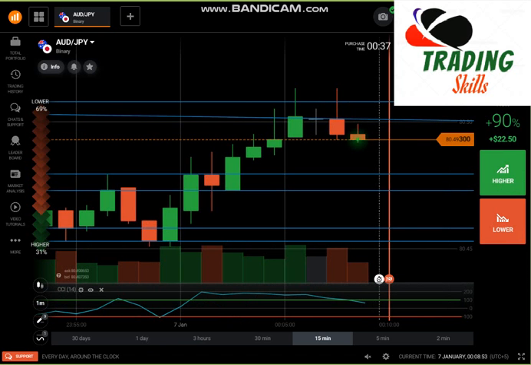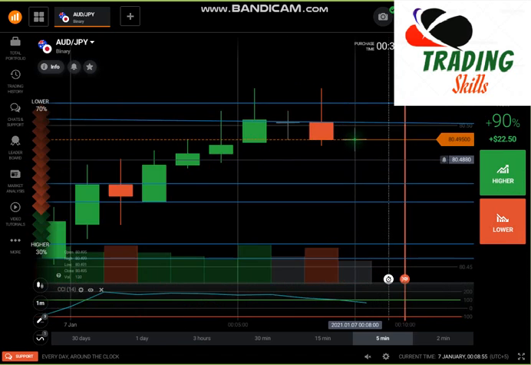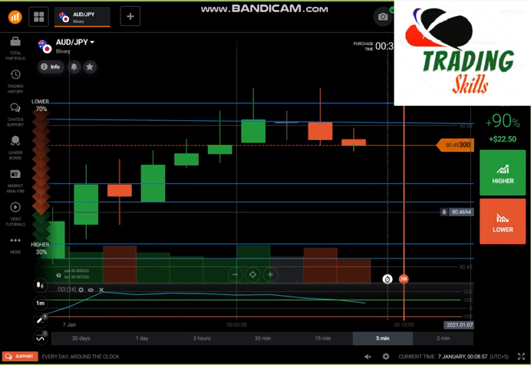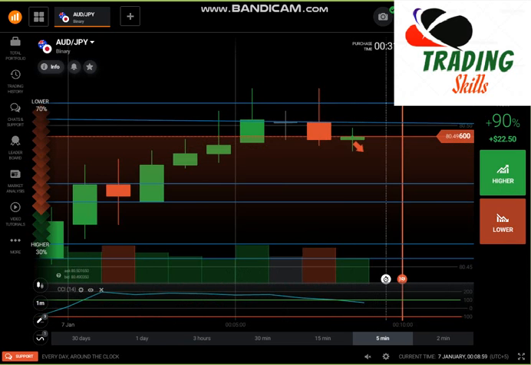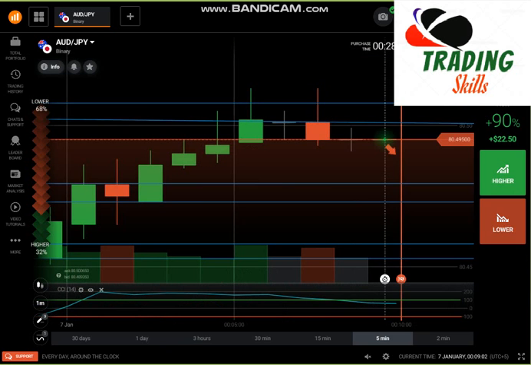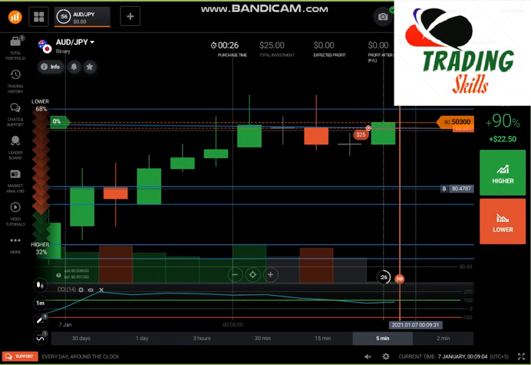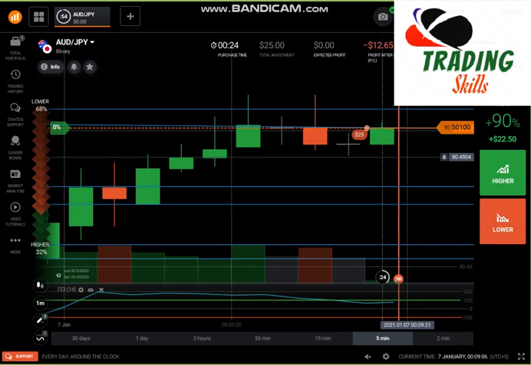Now you can see this candle is making a new low, and it is a sign of continuation. So again I can go with the sellers from this point. I have taken my trade in a down direction. Why?